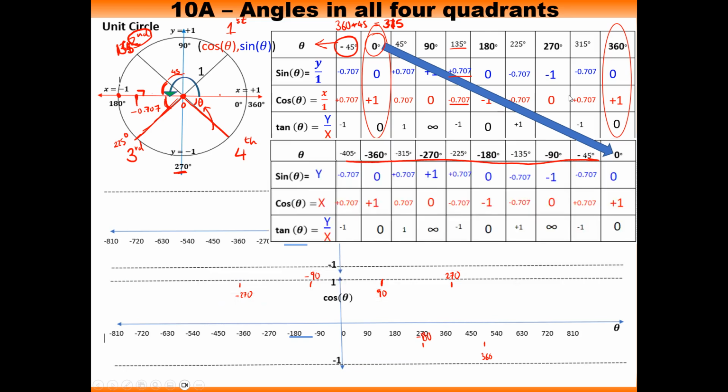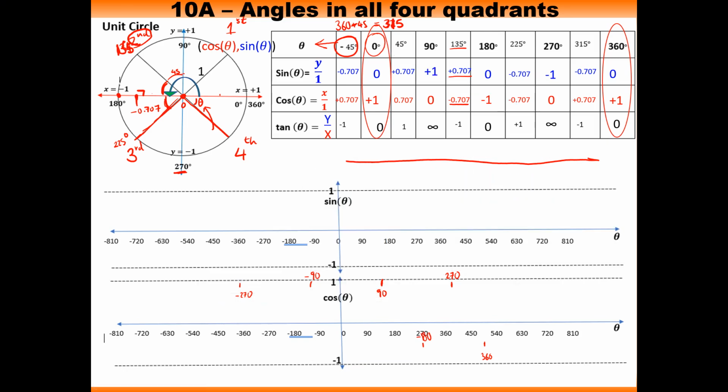So why is it that sine of 270 is minus 1? Because the y value here is negative, alright? And you're dividing that negative 1 by a positive 1. The hypotenuse is always positive, so negative divided by positive remains negative.